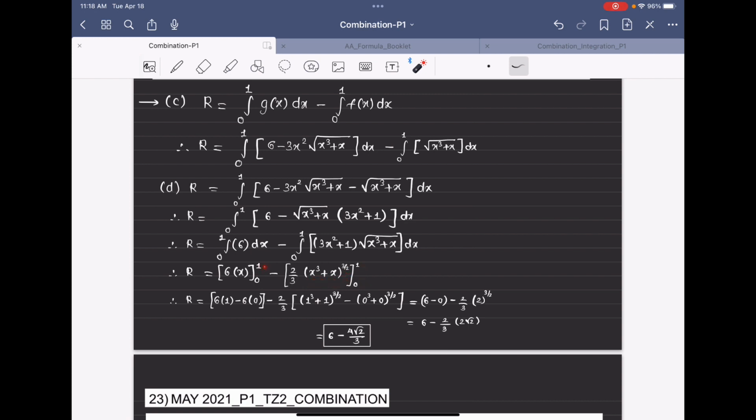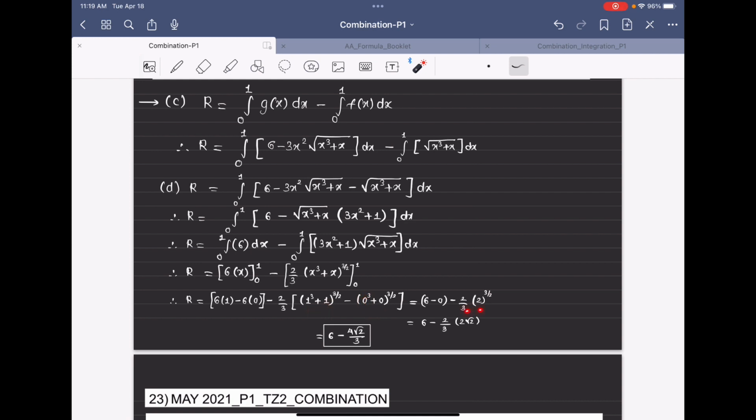Put upper limit 1, 6 times 1, put lower limit 0, 6 times 0. 6 times 1 is 6 minus 6 times 0 is 0, so 6 minus 0 is 6. 2 by 3 as it is. Put x value 1: (1 cube plus 1) raised to 3 by 2, minus put 0: (0 cube plus 0) raised to 3 by 2. 1 cube is 1, 1 plus 1 is 2, so 2 raised to 3 by 2. 0 is 0.